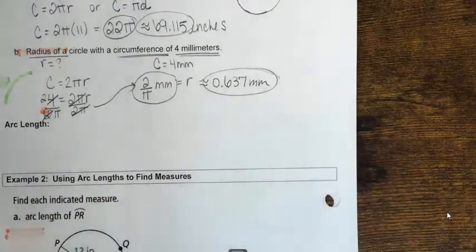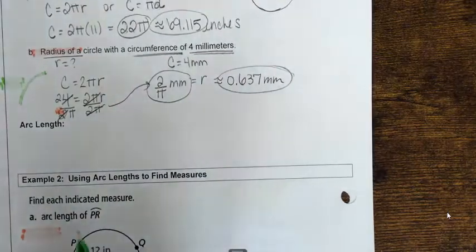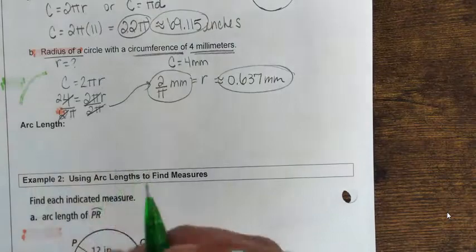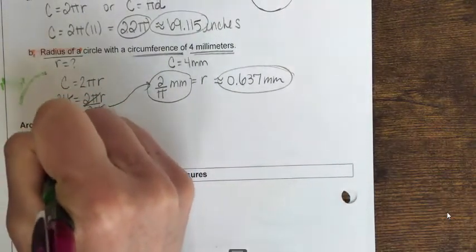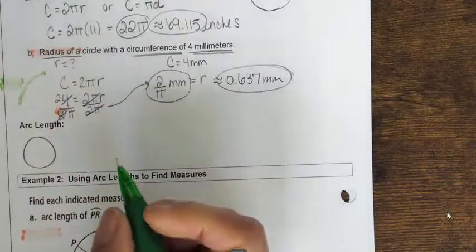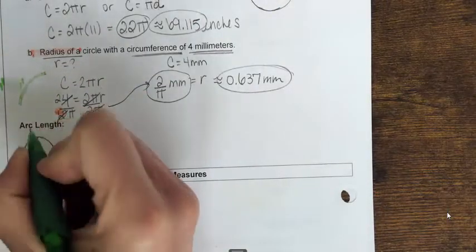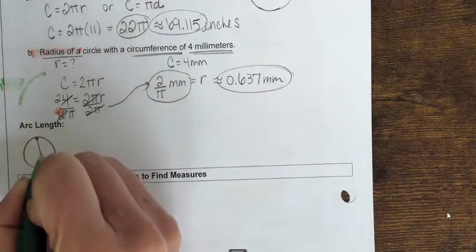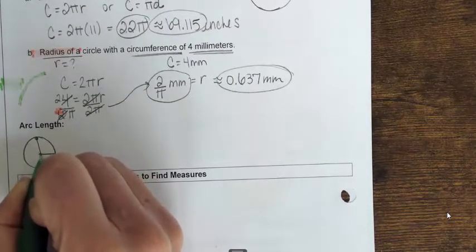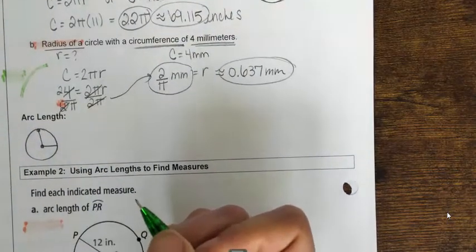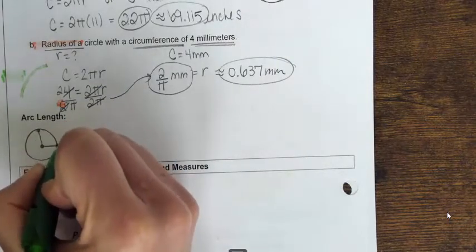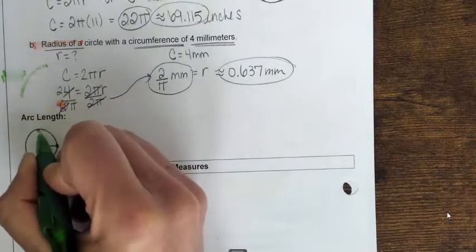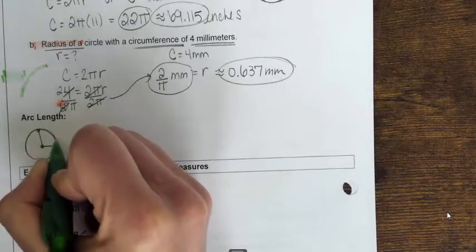So now let's talk about arc length. Once again, if I were to draw a circle, and that circle has a central angle, so I have 2 radii of that circle intersecting at the center, then from point A to point B, I have this arc that maybe I want to measure.